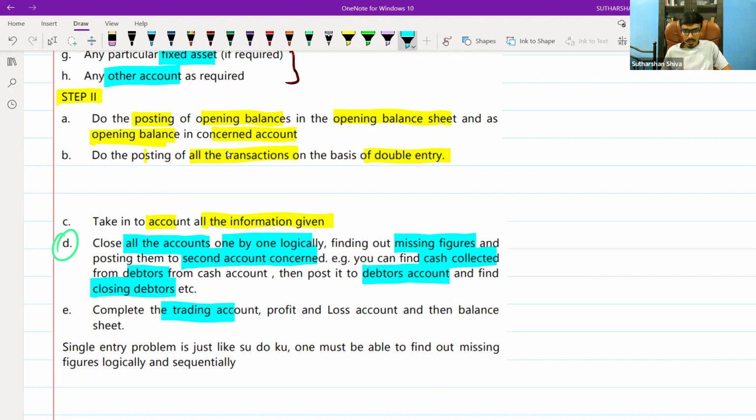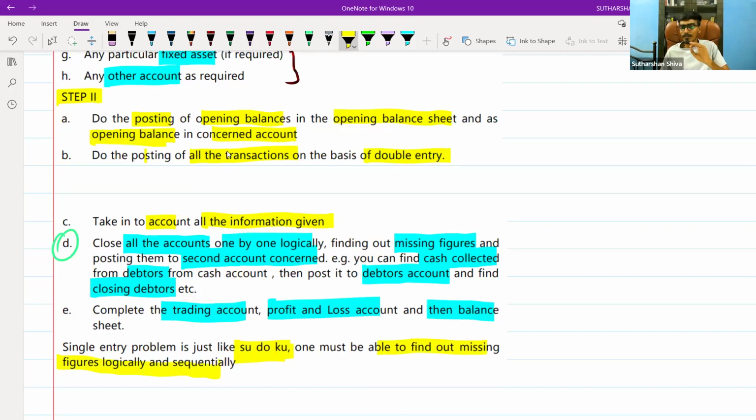Then complete the trading account, complete the P&L, complete the balance sheet. Single entry is just like a Sudoku; one must be able to find out the missing figures logically to succeed in this chapter. The one who has a logical approach to this question will find the single entry system a cakewalk.